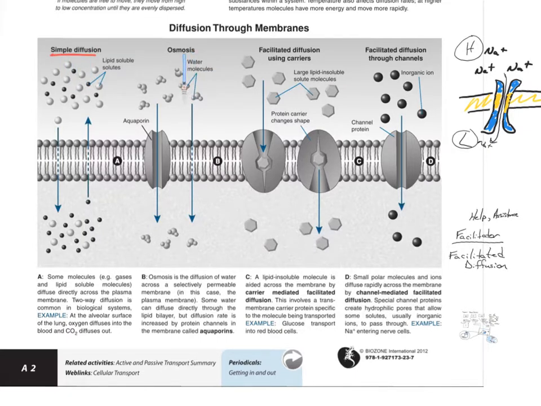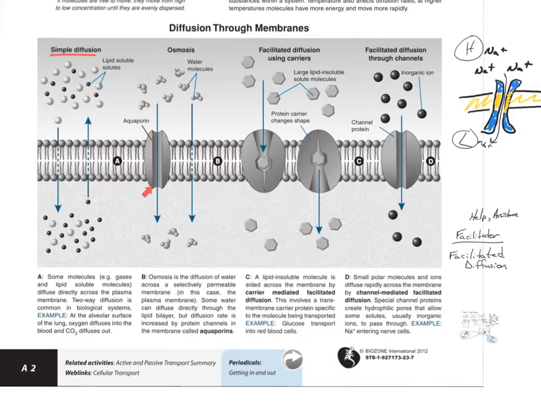Osmosis is the diffusion of water crossing the membrane from water's high to water's low. Now, water can pass through the membrane even though it's polar. Is that clear? Because it's small. But it happens so slowly that your cells need help, so they do use facilitated diffusion, because they have, look, there's the facilitator. Do you see the facilitator here?